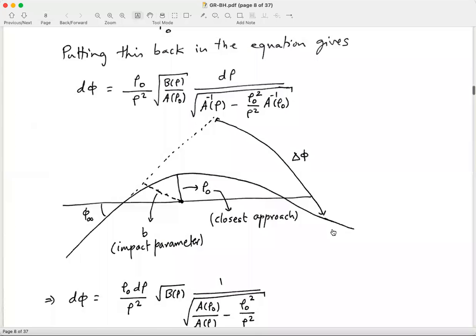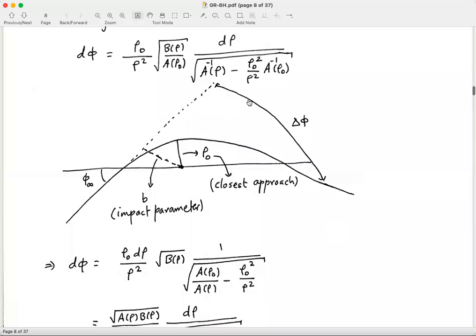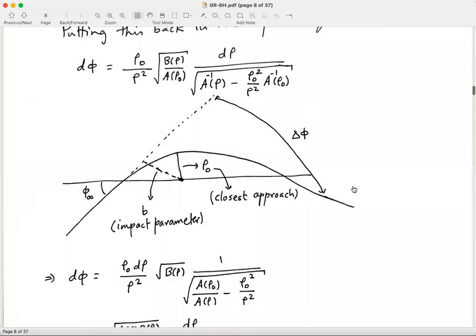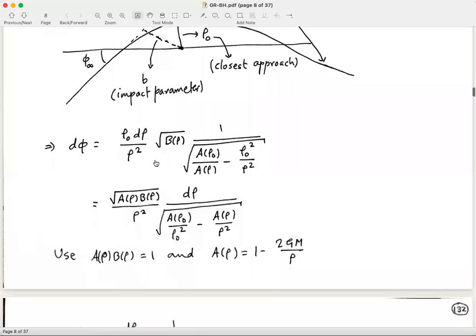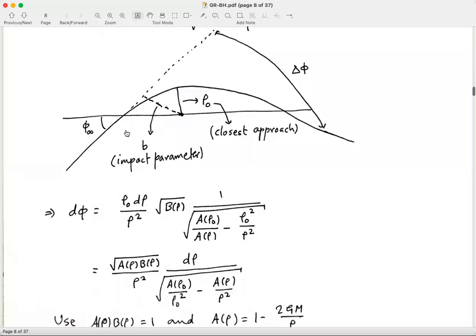So what we want to ask is, what is this asymptotic value of d phi? The initial light is this way and the outgoing light after scattering is this way. So what we will do is the computation for the incoming light, and integrate its path from minus infinity to rho naught.